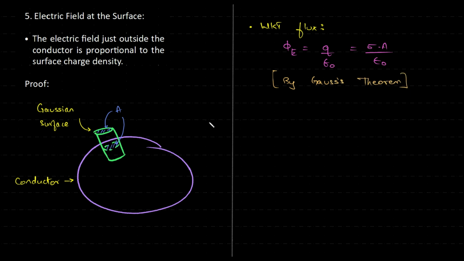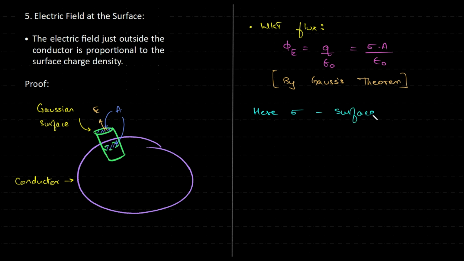So what does it tell? You look at the number of field lines coming out. It has to be equal to the charge that it has within that surface divided by a constant. So here, your rho is your surface charge density.